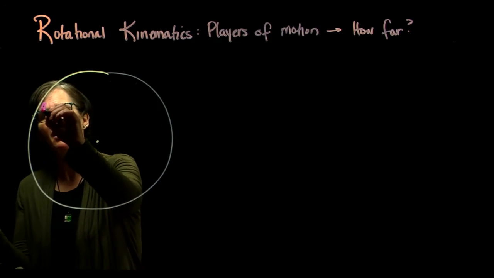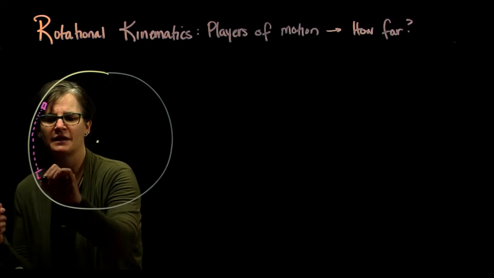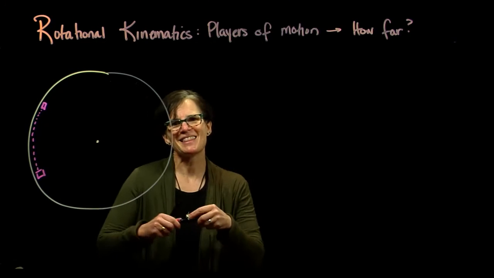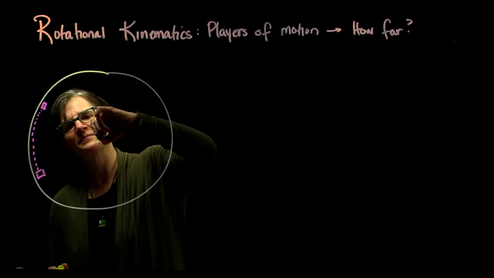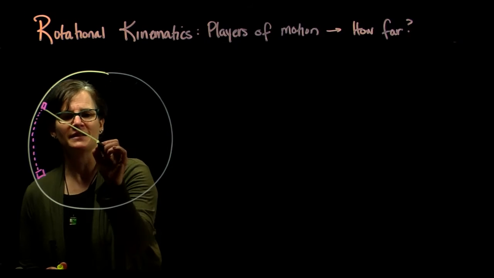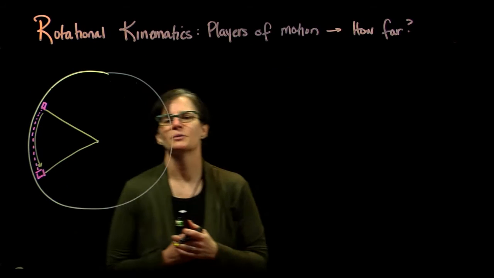So how far does the object travel in that amount of time? Let's say that I turn the table a portion of the circle. This is the amount that the object rotates.